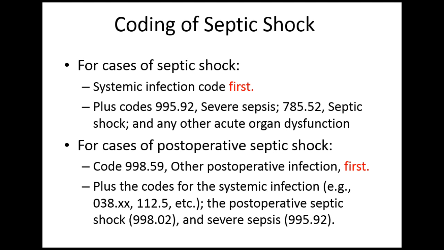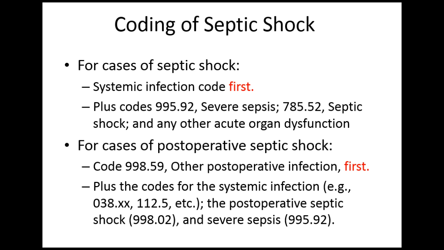For cases of septic shock, you will code first the systemic infection code, then the appropriate code 995.92 severe sepsis, and then a third code, 785.52 septic shock. Also, a fourth code may be needed for acute organ dysfunction.